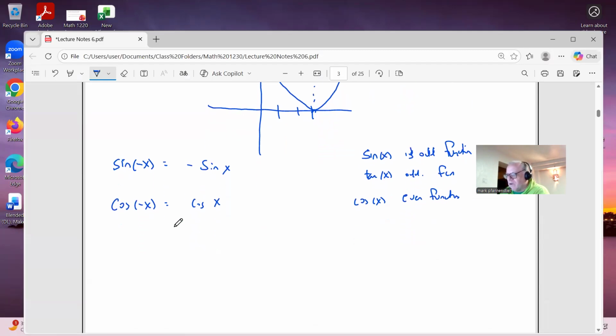Just real quick, there are more angles that you know without having to know them. If I want the cosine of negative pi over 4, negative pi over 4 is down here somewhere, in quadrant 4. Well, because cosine is an even function, I can say this is cosine of pi over 4, and that's going to be the square root of 2 over 2.